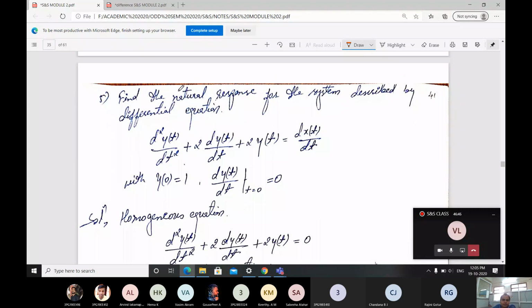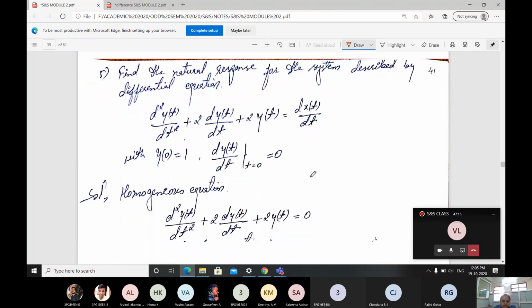Next problem, here it is. Find the natural response for the system described by the differential equation d square y of t divided by dt square plus 2 into dy of t divided by dt plus 2 into y of t is going to be equal to dx of t divided by dt, with y of 0 is equal to 1, dy of t divided by dt at t is equal to 0 is going to be equal to 0 only.